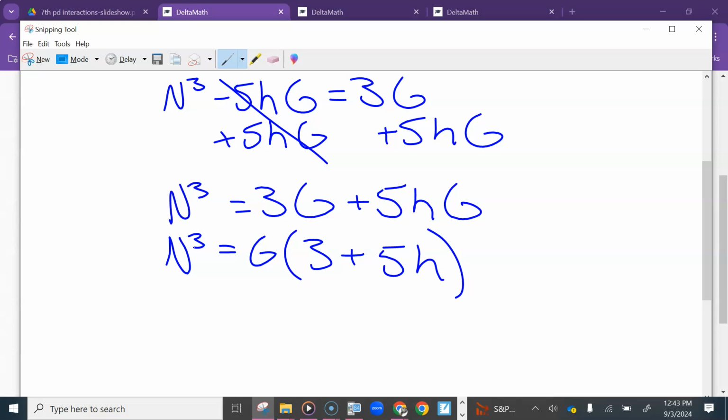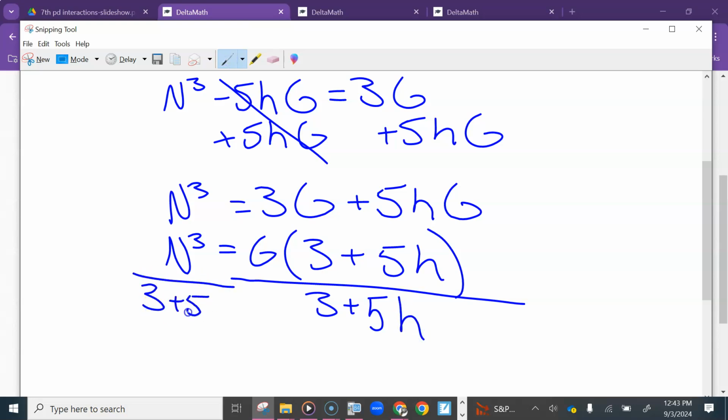So then if we're trying to get g by itself, we're going to divide this entire side by 3 plus 5h, and then this side by 3 plus 5h.